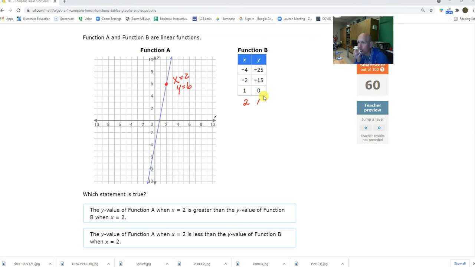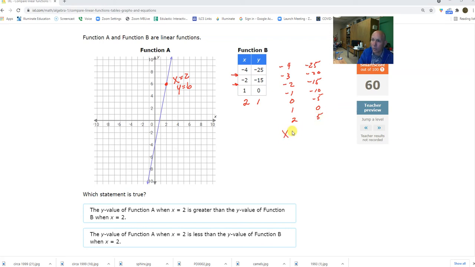Oh my goodness. What's going on here? See how this table's jumping around? So it's -4 is -25, -3 is -20, -2 is -15, -1 is -10, 0 is -5, 1 is 0, 2 is 5.